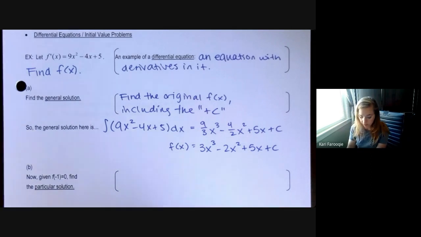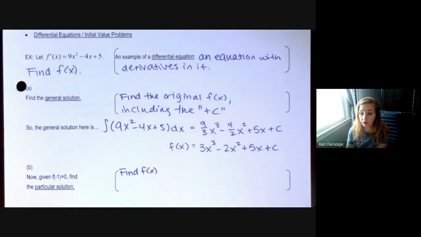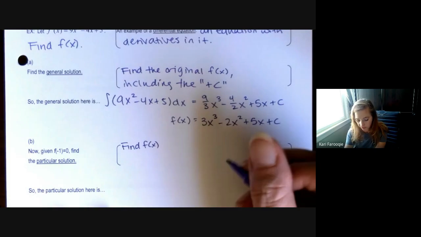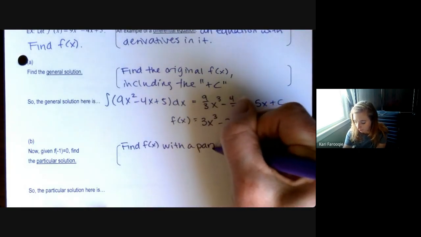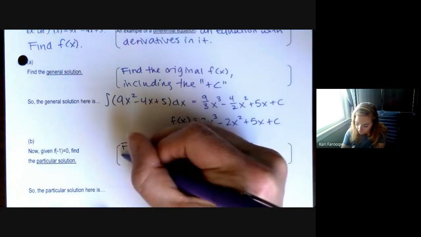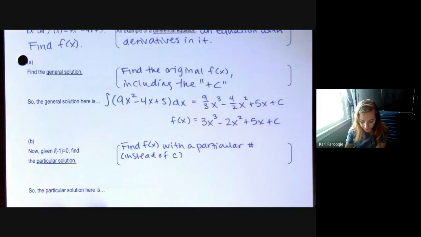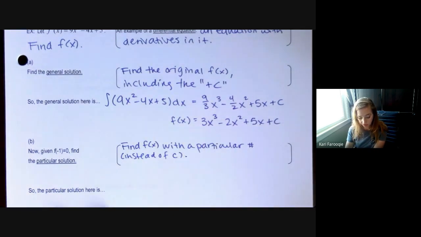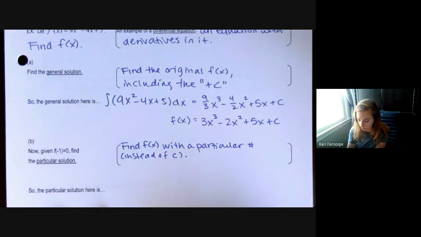So what we're going to do here is find our function f of x with a particular number instead of c. So we'll say that, for instance, in this case, we know that f of -1 equals 0.